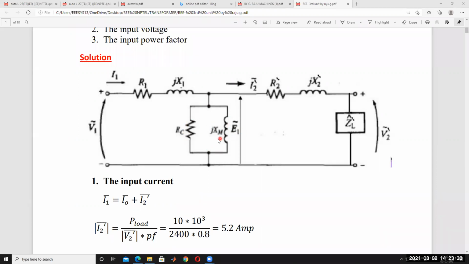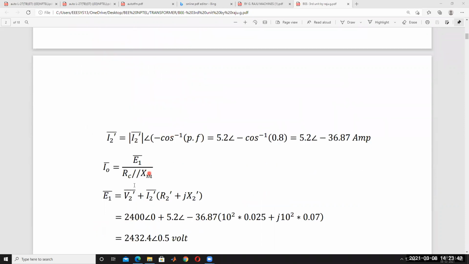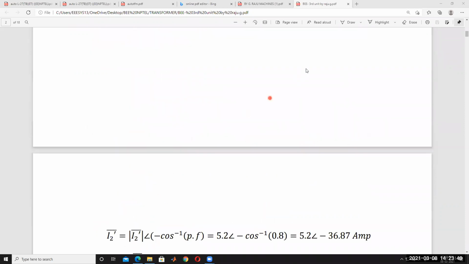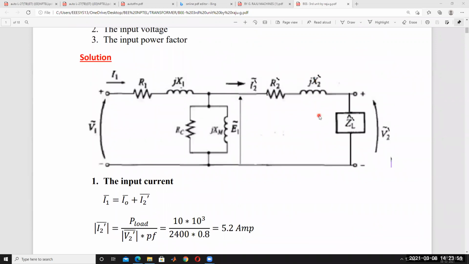And how to find E1? The voltage across this side is V2 dash, so E1 is equal to V2 dash plus the drop across the series branch.